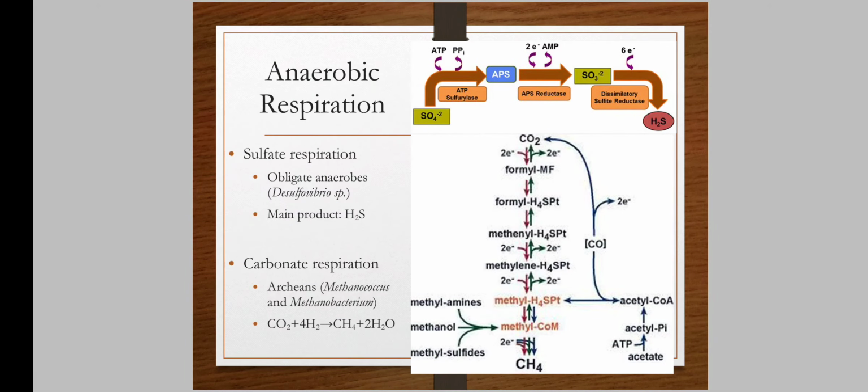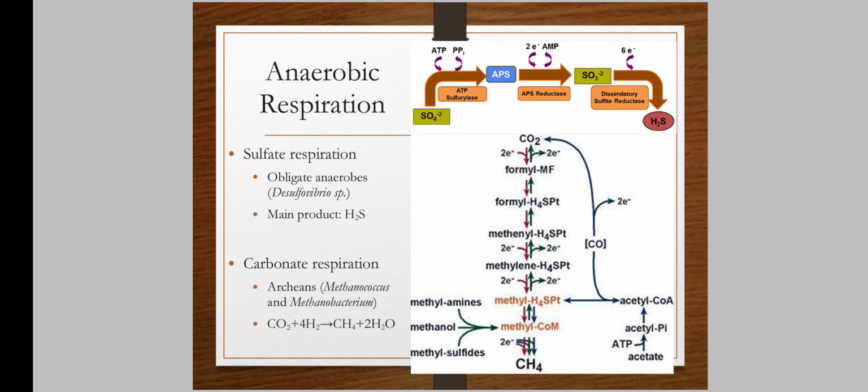Aside from that, you also have sulfur respiration. Most of them are sulfate-reducing bacteria, the Desulfovibrio species. These are usually obligate anaerobes. When we say obligate anaerobes, if you expose them to oxygen, they die off. That is because oxygen disrupts their pathway.